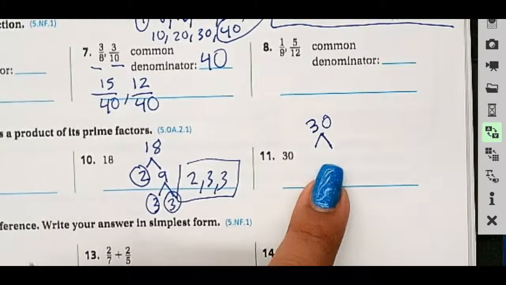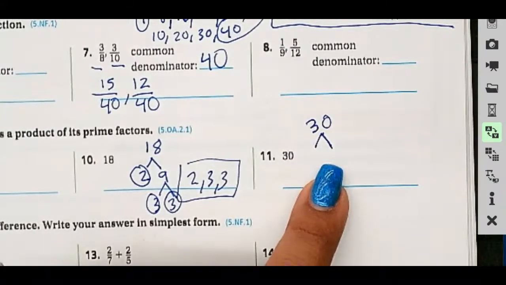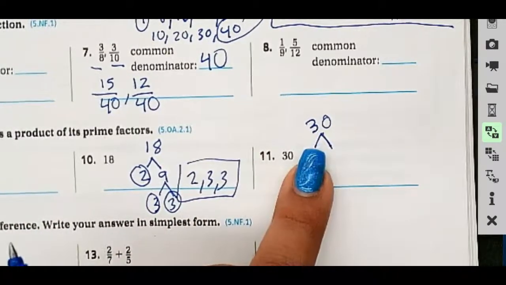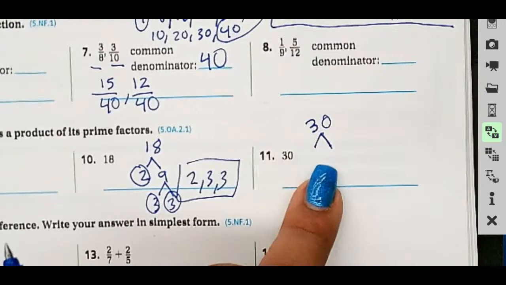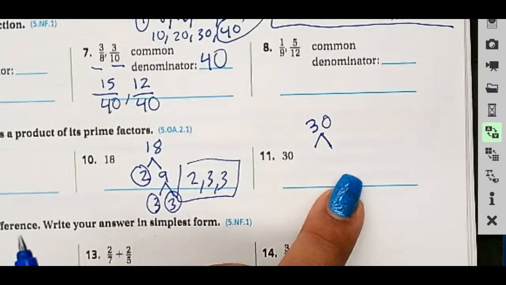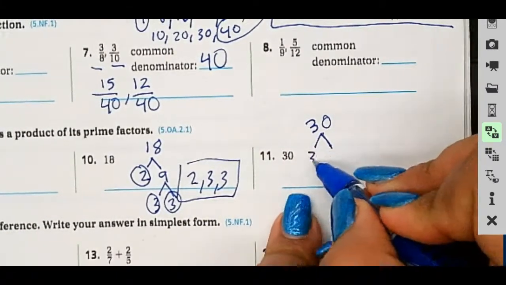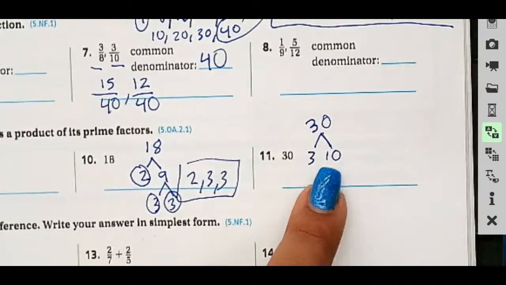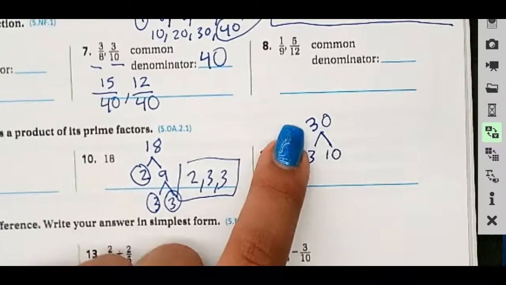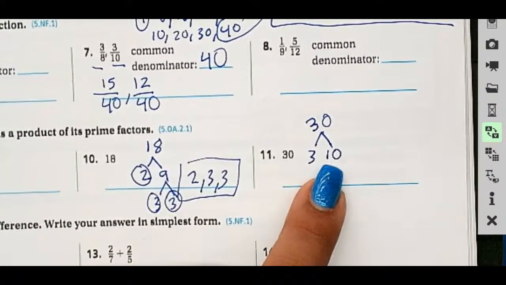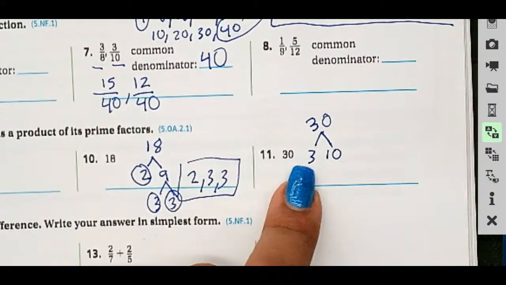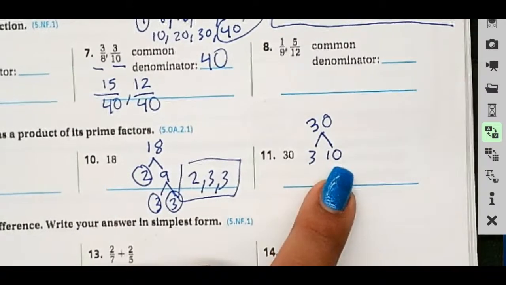But is there another way that I can break it down other than by 2? Think about it. Can you divide this number by a number and get a whole number? Yeah, we can do 3 times 10, right? 3 times 10 equals 30. So I just broke down my number by 3 times 10.